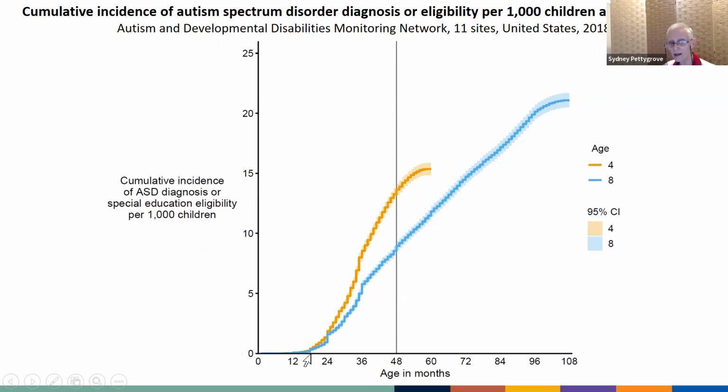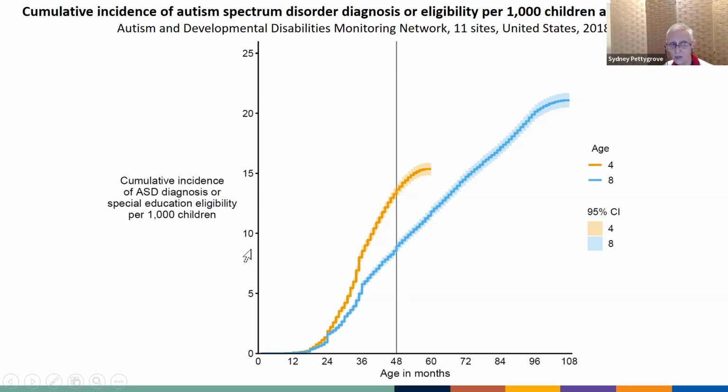And whatever age they were when they got that, that is when they're added into the graph. So at 1 year or 12 months, no one had that. And then we keep collecting them up.